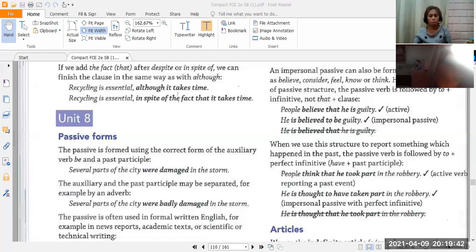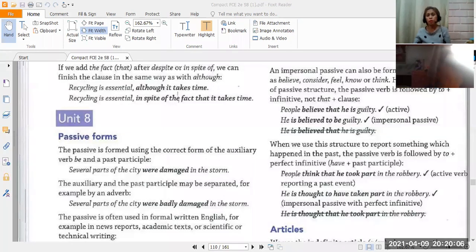Play, played, played. Okay, Kiyo, don't forget that when we mention passive voice, there is always a past participle. What is this past participle, Teacher Ann? This past participle, Kiyo, is also called verb number 3. Look at this one.